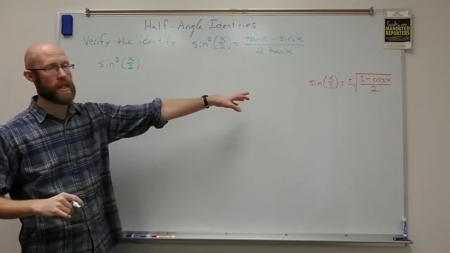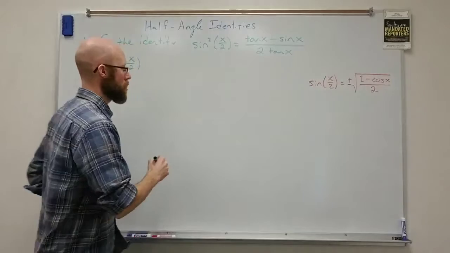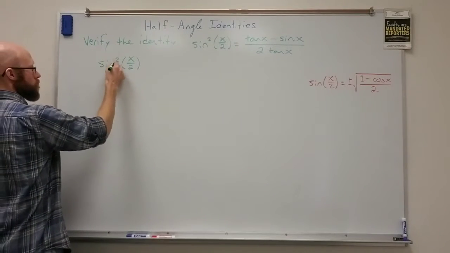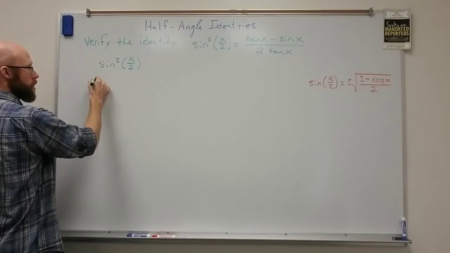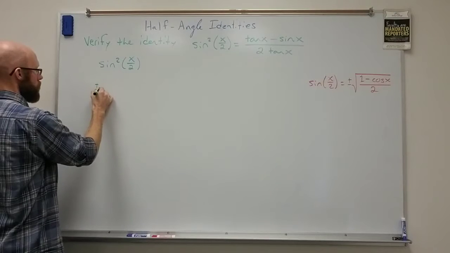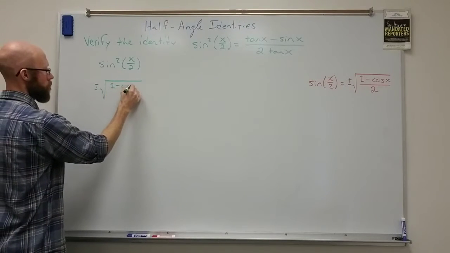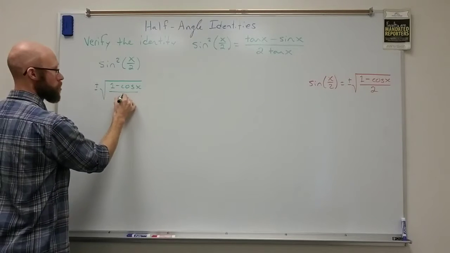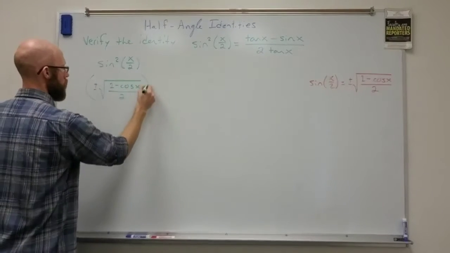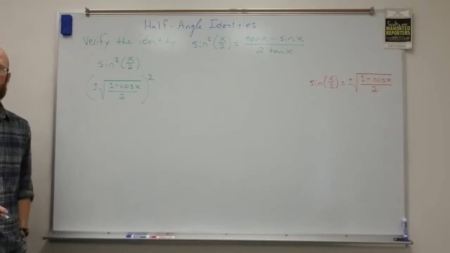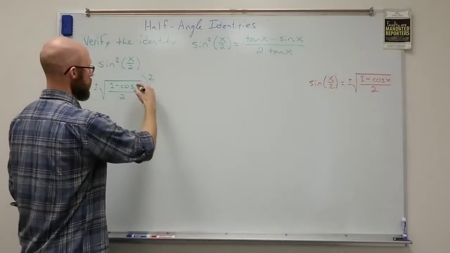Using our half-angle identity, I know that that's essentially, you're squaring the sine. So you're taking the plus or minus square root of 1 minus cosine x all over 2, and we're squaring it, okay? So that's a half-angle identity.